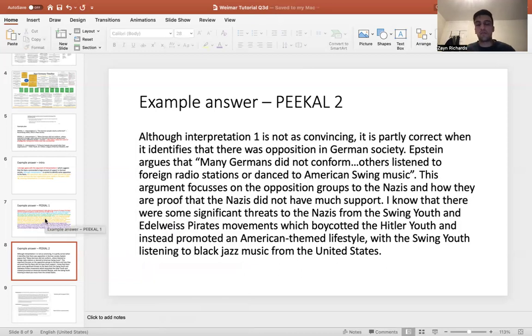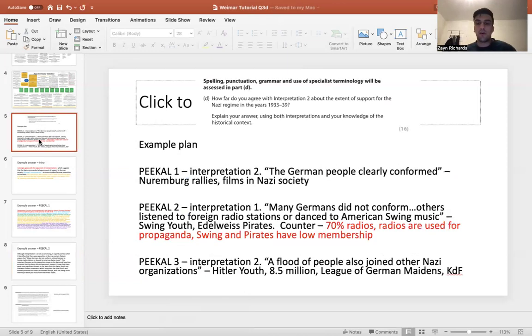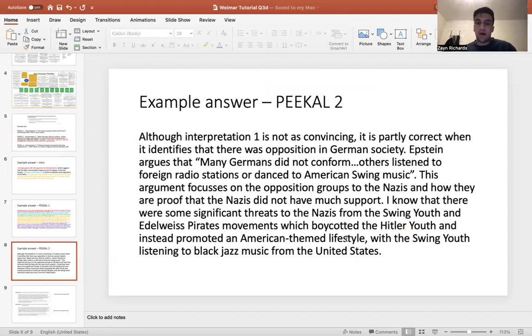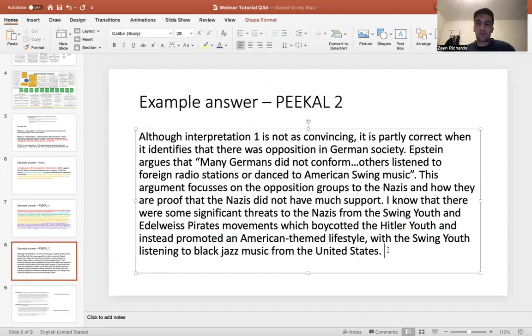The reason why black jazz music is important is because obviously Hitler was incredibly racist. So the fact that they'd be listening to black jazz music and enjoying it would not have sat well with the Nazis. Okay, so there is my evidence.